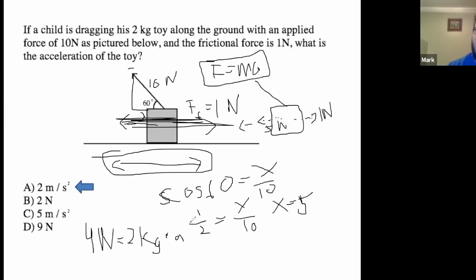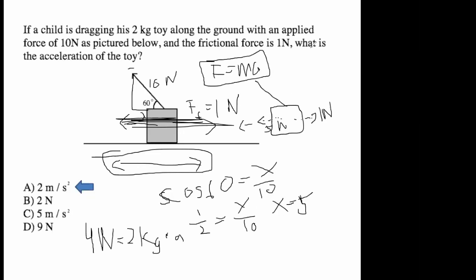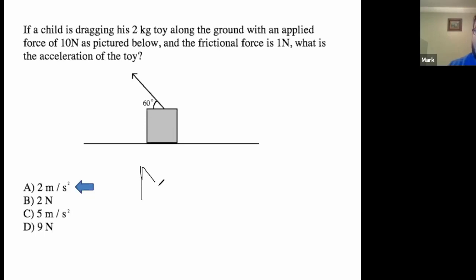We can actually do this as an exercise to derive what the newton is. A newton is actually, if you want to think about it, kilograms times meters per second squared. These are the standard units of newtons.